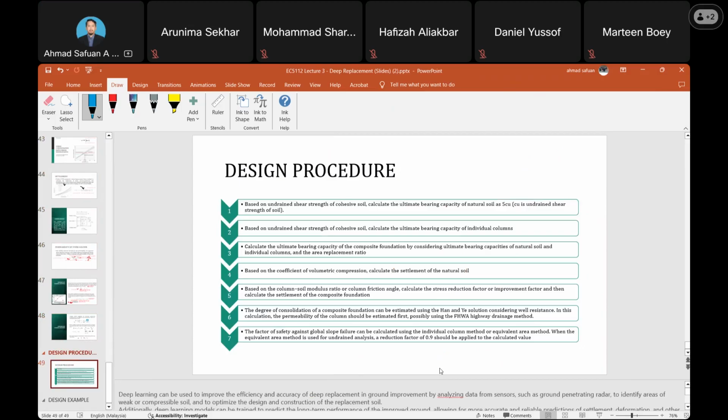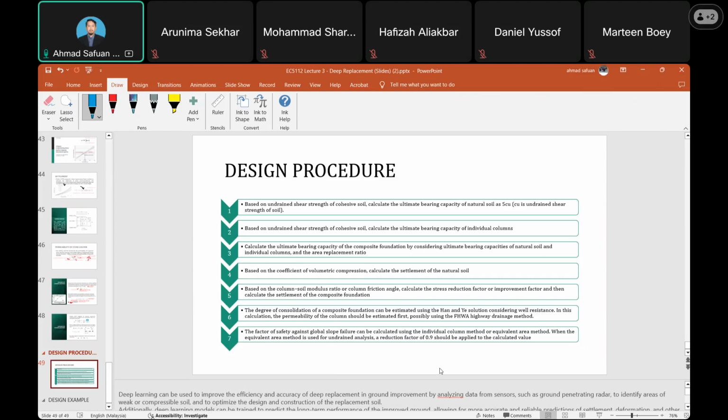Okay, so this is the design procedure for the stone column. They have 7 steps, so you need to know this procedure.